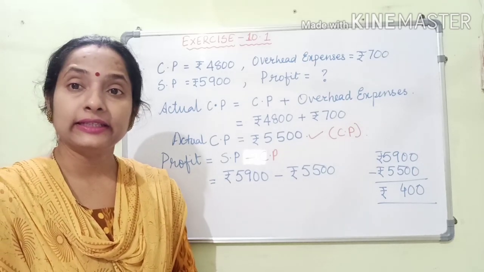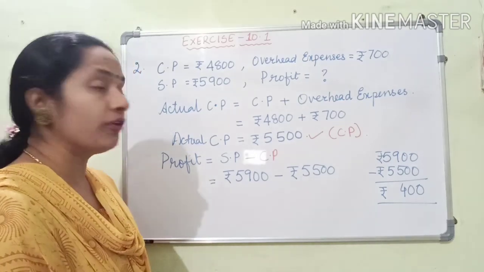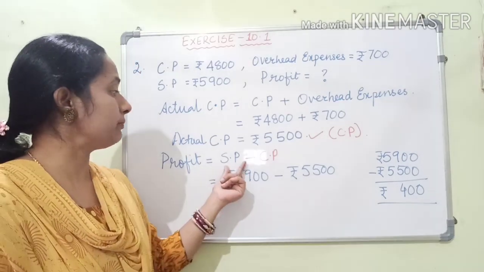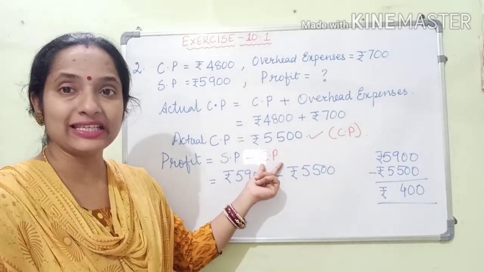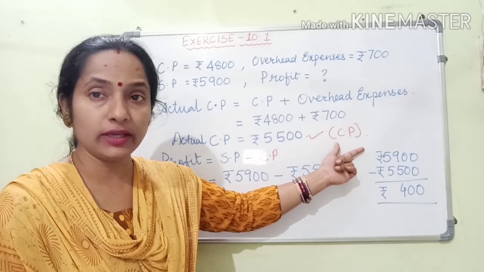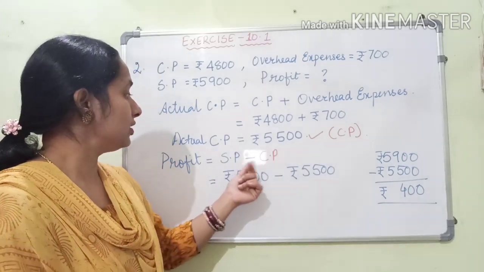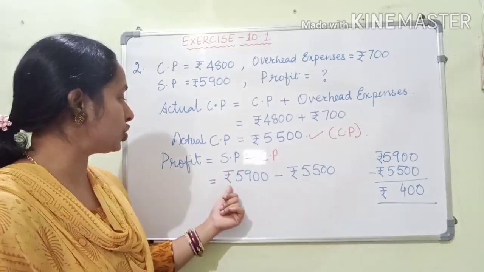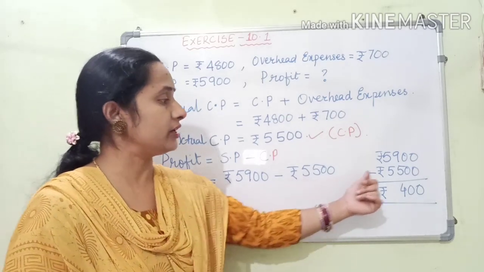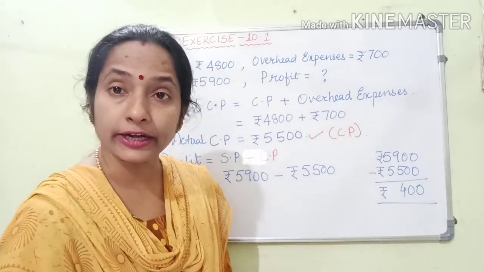Ayush had a profit. Now profit, what's the formula for profit? Profit is selling price minus cost price. Here the cost price will be the actual cost price. The actual cost price you will subtract from the selling price. So rupees 5,900 minus 5,500 will give you rupees 400.